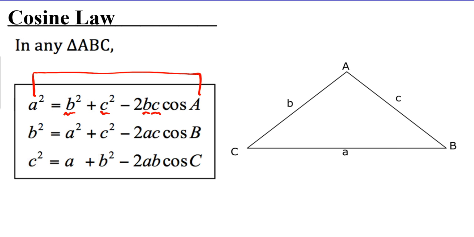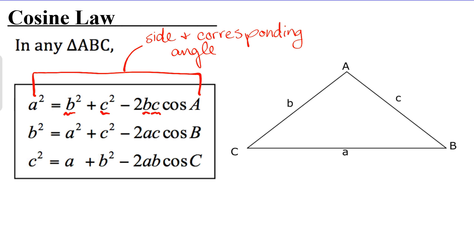Whatever way you label your triangle, you can pick and choose A, B, and C and solve for whichever side you're looking for, or for whatever angle you need. You might notice, if we look at this last one in particular, oh, that's why I changed that. I'm missing a 2. So that should be a squared.